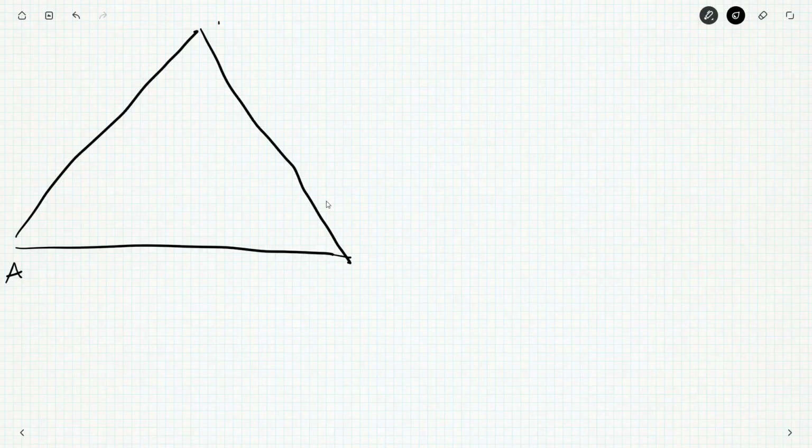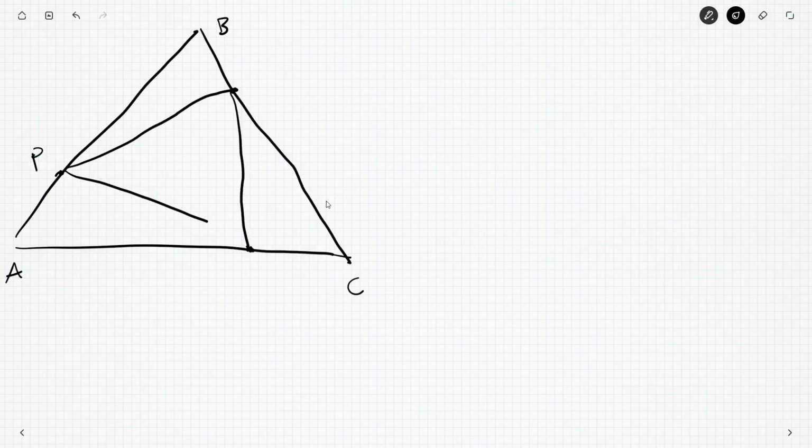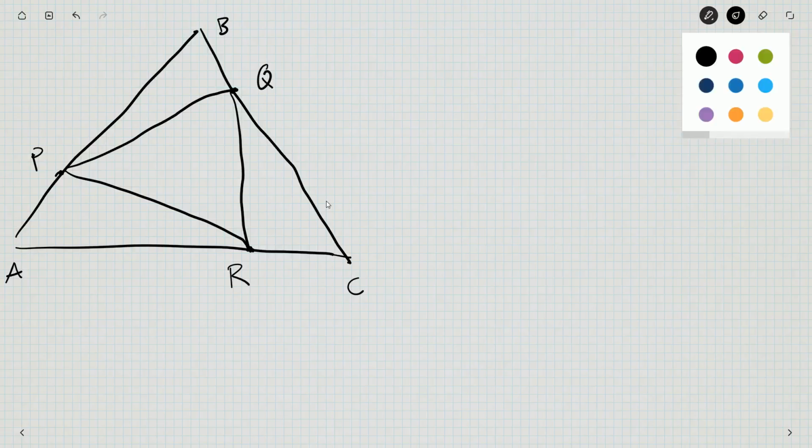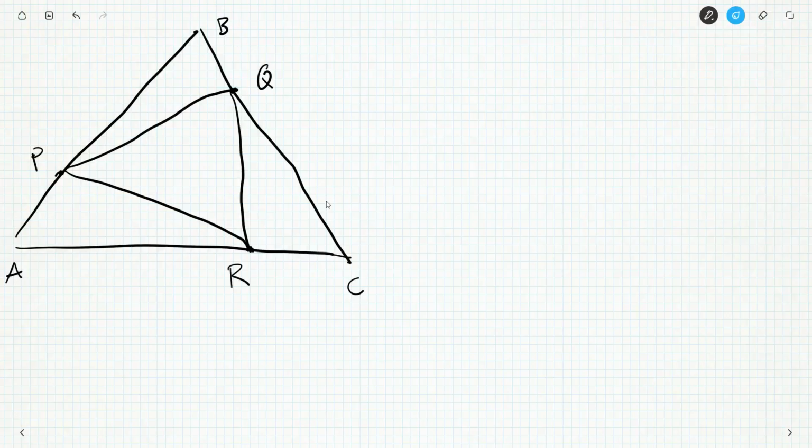So we have A, B, C. Then we have R down here, Q up here, and P down here. And we were told some lengths. So we have 1s here. But since the side length of the whole thing is 4, we then have 3s here as well.